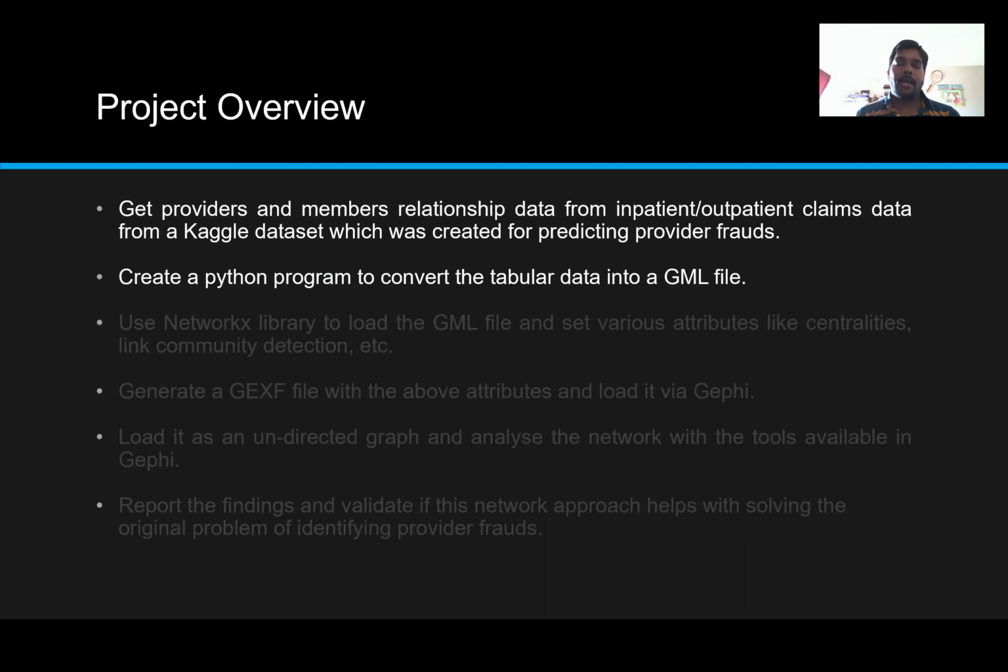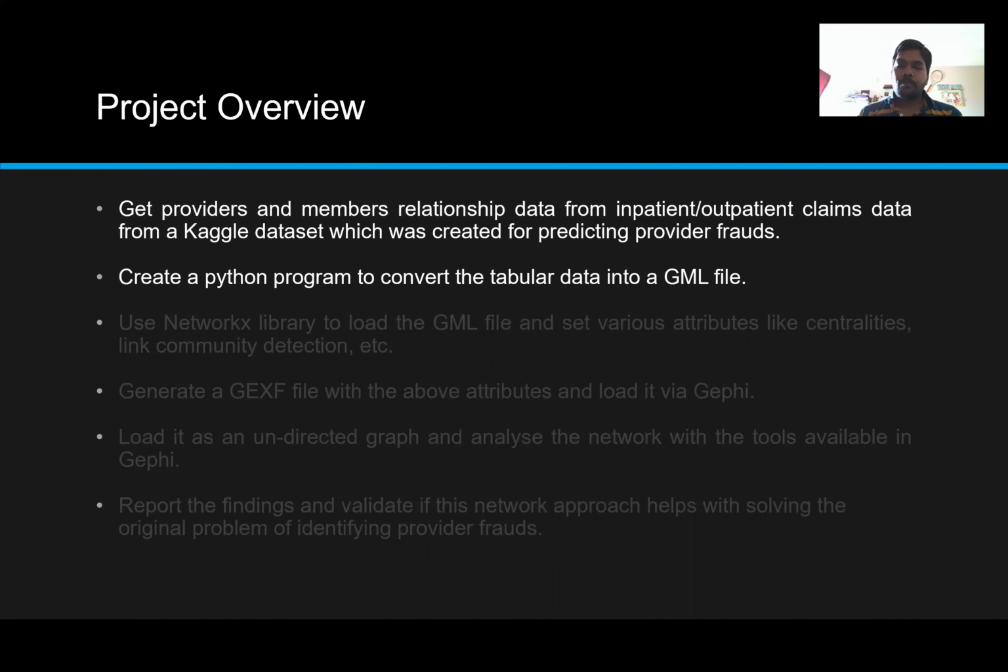And then I took the member IDs, provider IDs, and the claim details. So it was tabular data, a comma separated file. So I created a Python program to convert this tabular data into a GML file format.